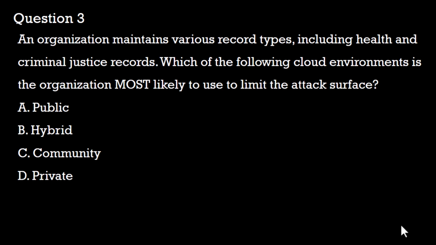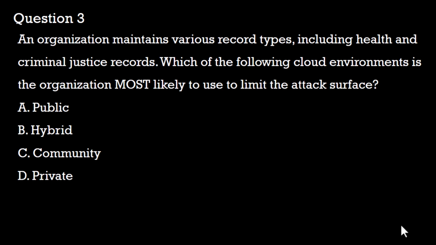A hybrid cloud is a combination of a private and public cloud, and it allows data and applications to be shared between them. Now, while it provides flexibility, the complexity of managing both environments can increase the attack surface. A community cloud is one that is shared among several organizations with similar interests and concerns, like security and compliance.